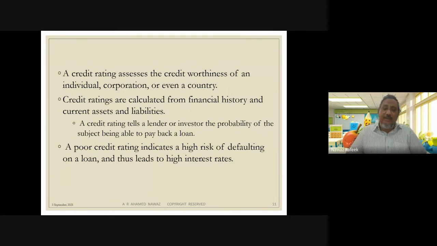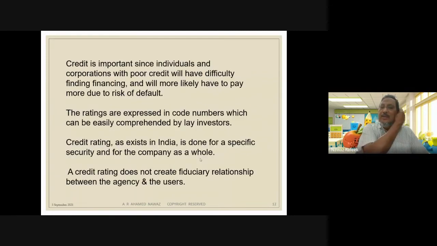So this is very common for us, using these ratings. Credit is important since individuals and corporations with poor credit will have difficulty finding financing and are more likely to have to pay more due to the risk of default. So we discussed a little while ago, in lending situations, if the rating is good, that customer will be considered a good creditworthy customer.